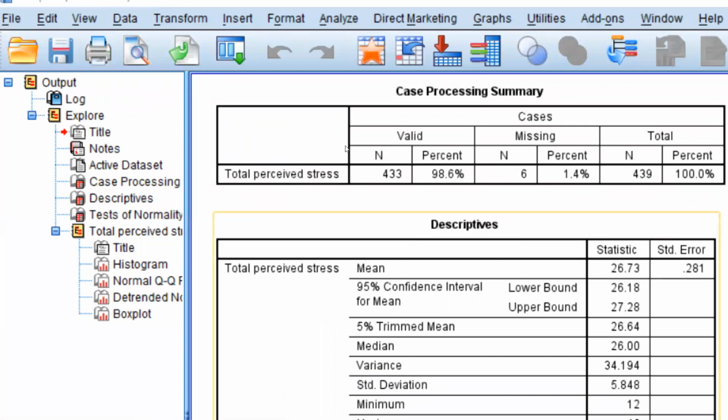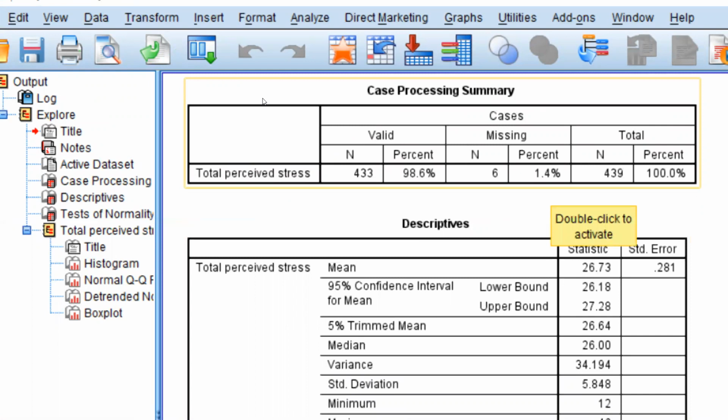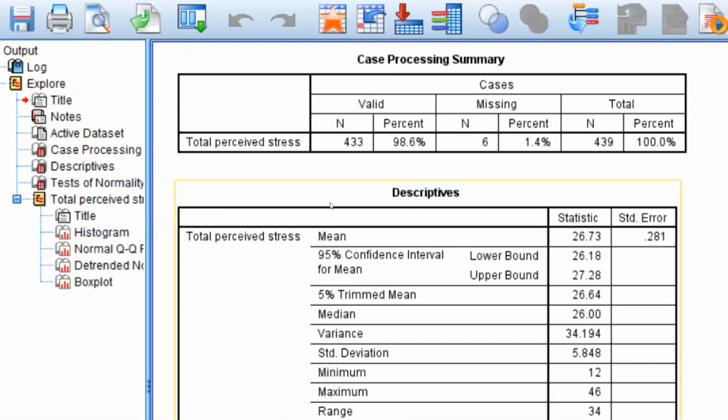Case processing summary: total cases are 433 and the number of missing cases is 6. It means there are 6 participants whose stress values are not given, which are known as missing numbers. So 439 cases are the valid cases.